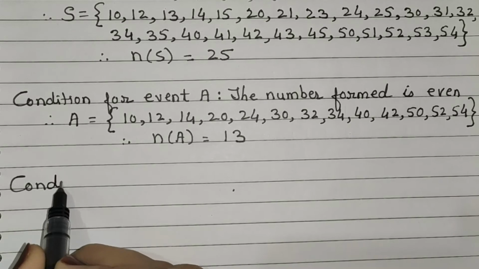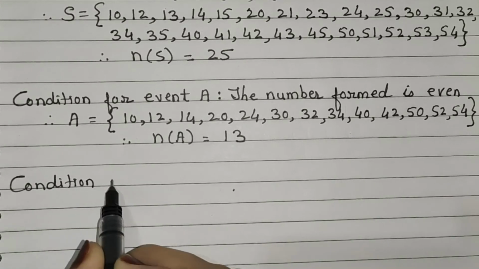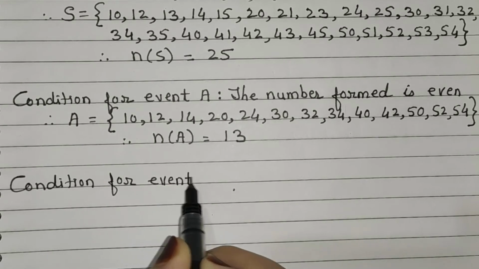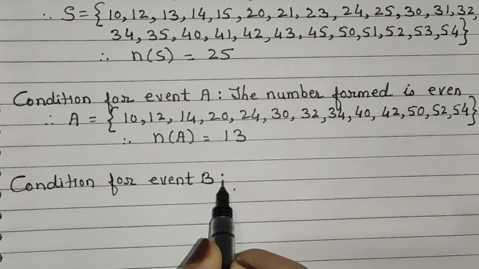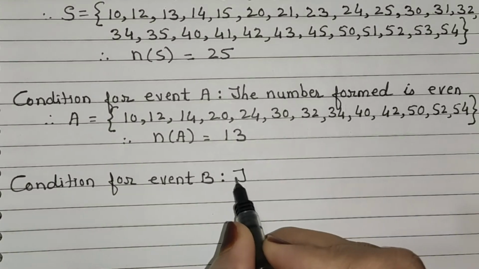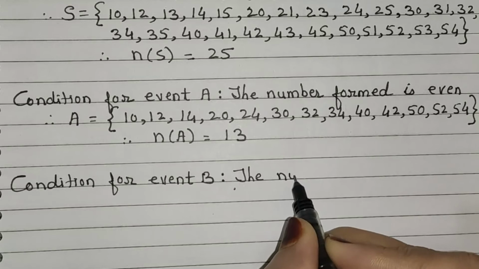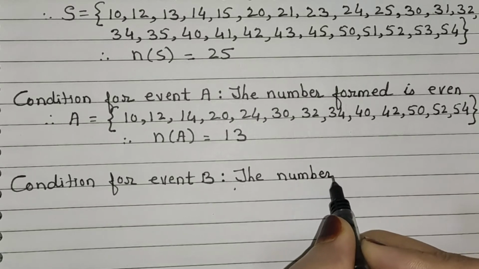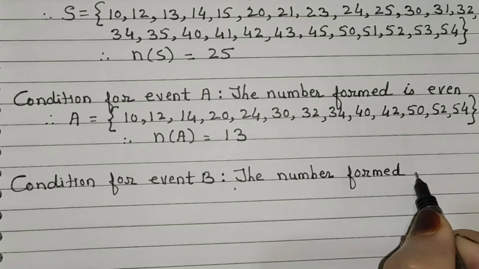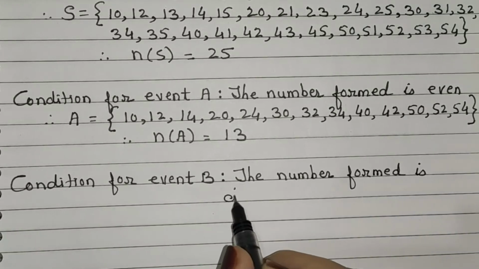Condition for event B: the number formed is divisible by 3.